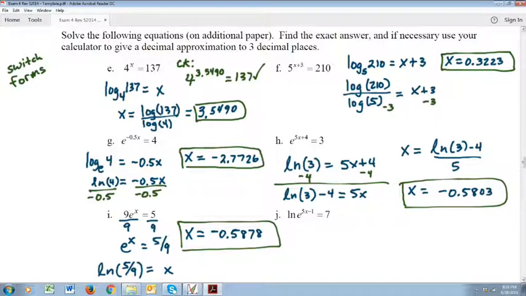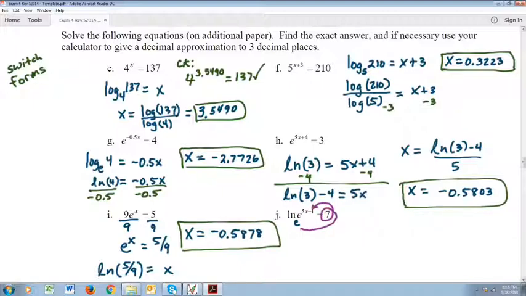Alright, and letter J, remember this is base e. Now this is actually a logarithmic function, and so we want to change forms here. We'll talk more about our strategies for logarithmic functions, but we're going to go ahead and switch forms.